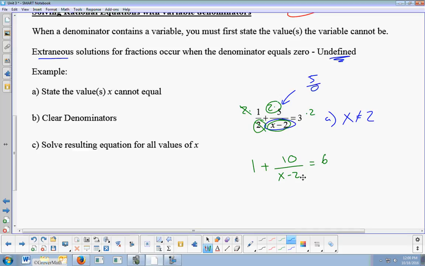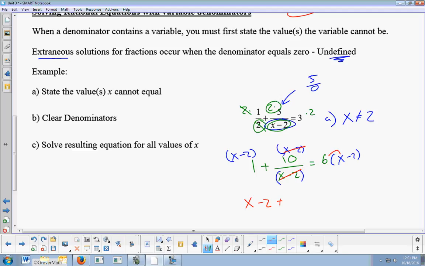All right, lastly, now my denominator is an expression x minus 2, but I'm going to multiply everything by that expression x minus 2, just as if it were a number. Whatever the denominator is, I multiply everything by that. It's going to require some distribution here, but that one's just x minus 2 plus. Here it crosses out just like I did when I had the denominator that has that term.